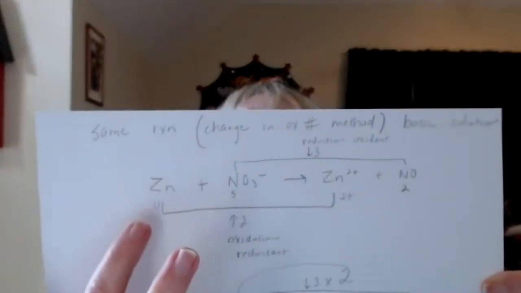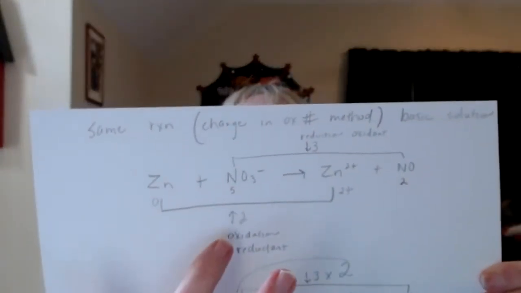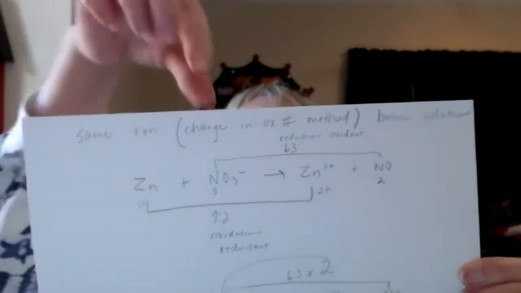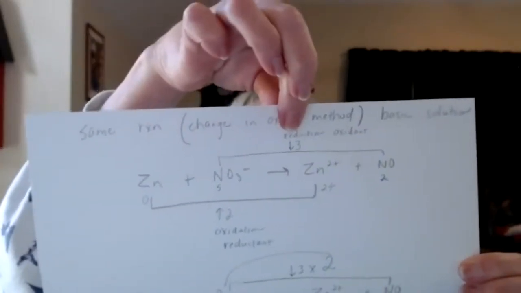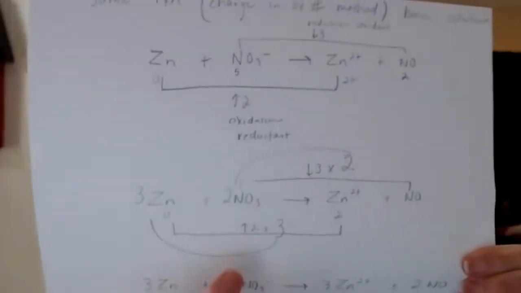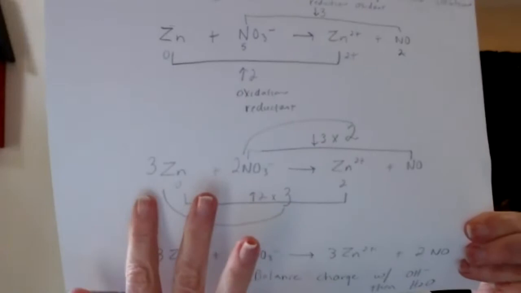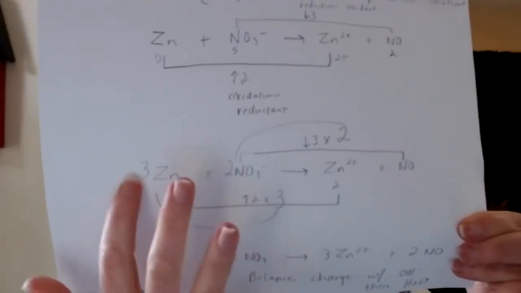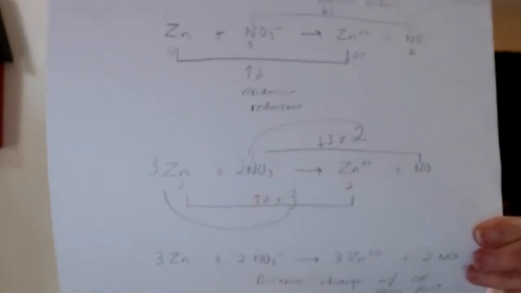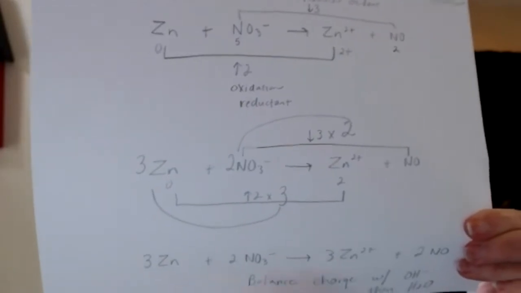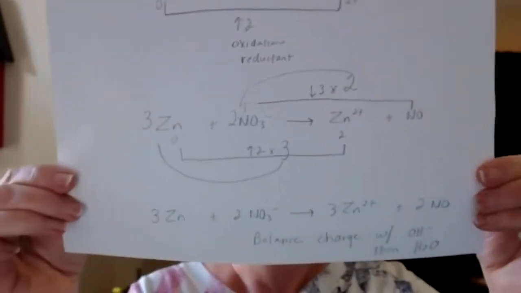You figure out the zinc goes up by 2 and the nitrogen drops by 3. You do your little cross multiplying to get the coefficients on this side. You then balance. If there's 3 zinc here, there better be 3 zinc there, etc. Okay? And we're almost done. See, this change method is the way to go.